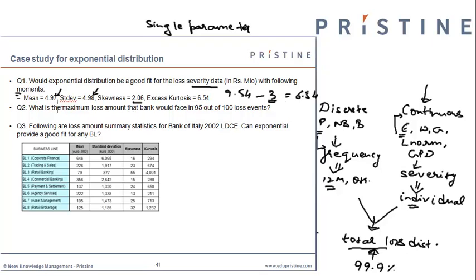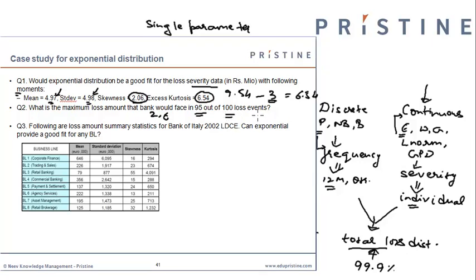Now even without doing the distribution fitting exercise, we can see that exponential will be a very good fit to this data set. This is because mean is equal to standard deviation and the skewness and kurtosis of the underlying data is close to 2, 6.